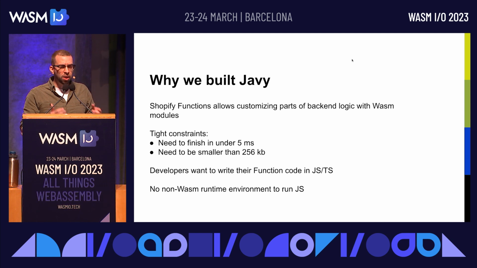This is how we let third-party developers alter our back-end logic: by inserting a bit of WebAssembly code that matches an API. Where things get a little interesting is that this runs as part of our checkout flow, and in e-commerce, slow checkout means lost sales. These need to operate very, very quickly. They need to finish executing in under 5 milliseconds.